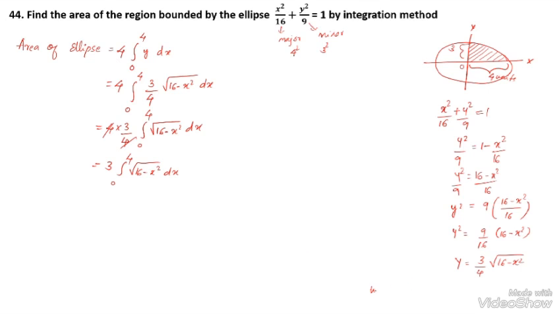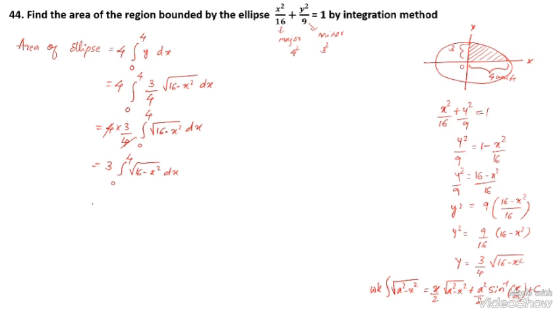Again, we already know the formula, that is integration of root of a square minus x square dx will be x by 2 root of a square minus x square plus a square by 2 into sine inverse of x by a plus some constant c. This is the rule of the integration of root of a square minus x square.